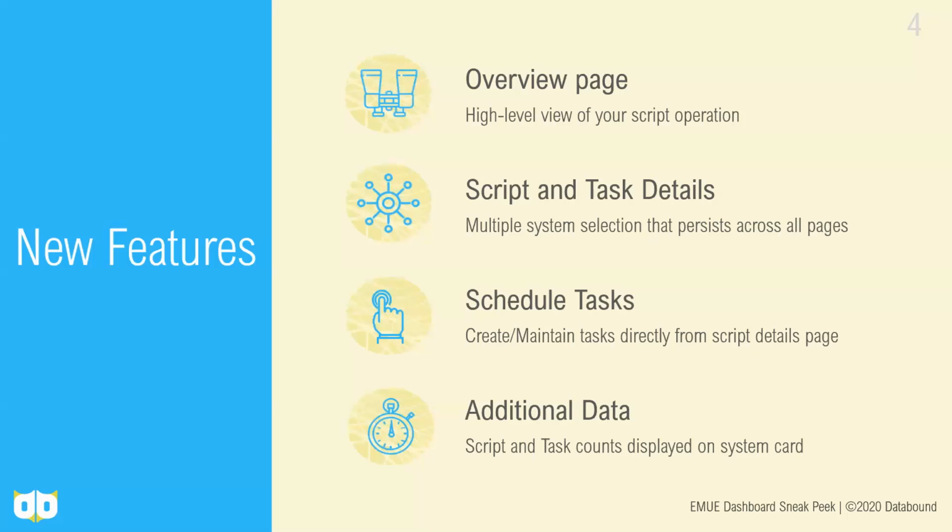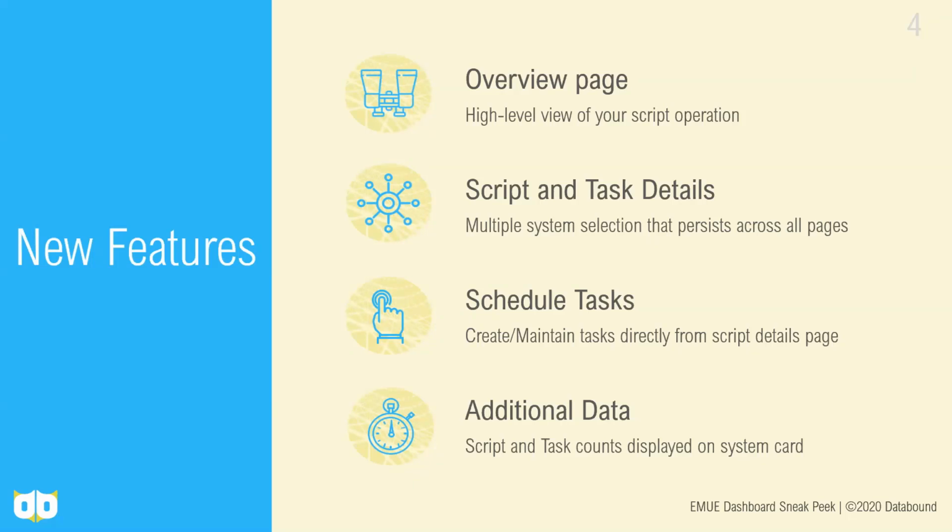A couple of things I wanted to point out in terms of features. We've added a new page. When you sign in, you're going to see this in a minute, there's a new landing page, if you will, that is a high-level view of what's going on with your whole operation. Before, when you logged in, you went straight to the system view, with one machine selected, the first one in the list.